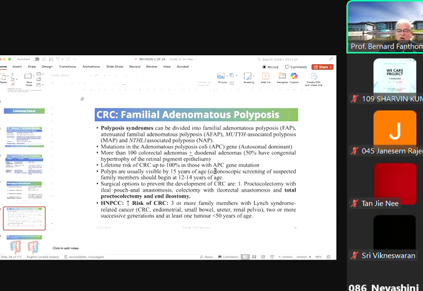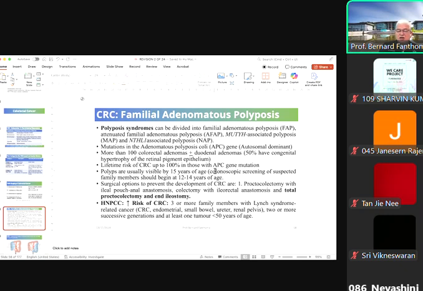Now, among the options, when we say prophylactic surgery, the surgery to prevent the development of malignancy in these patients is removal of the entire colon. And once we remove the entire colon, we cannot directly anastomose the ileum to the anal canal, because then there will be no sphincteric function left. So whenever we are doing one of these restorative procedures, we leave a small rim of rectum behind.